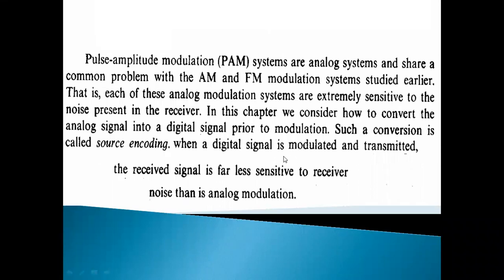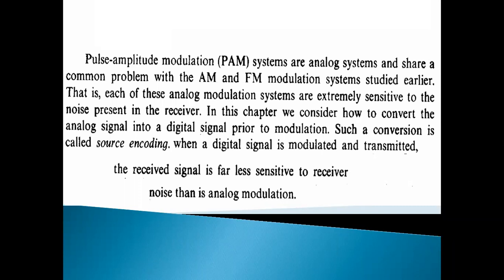Pulse amplitude modulation systems are analog modulation systems, and there is a common problem as in AM and FM: they are extremely sensitive to the noise present in the receiver.